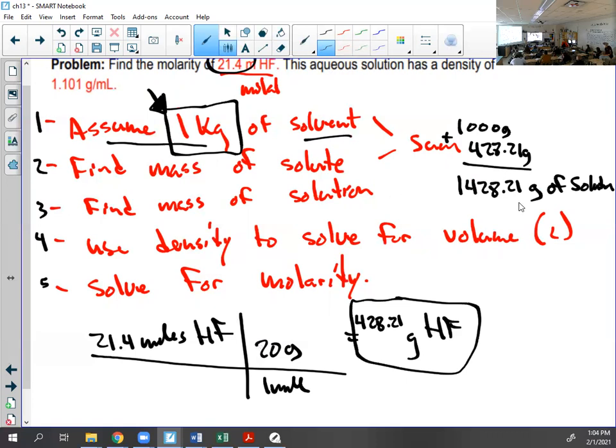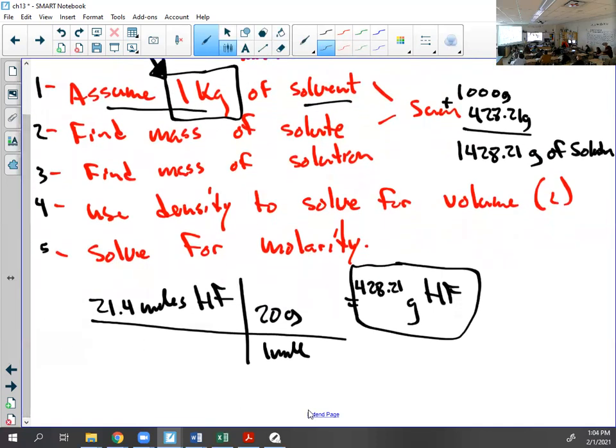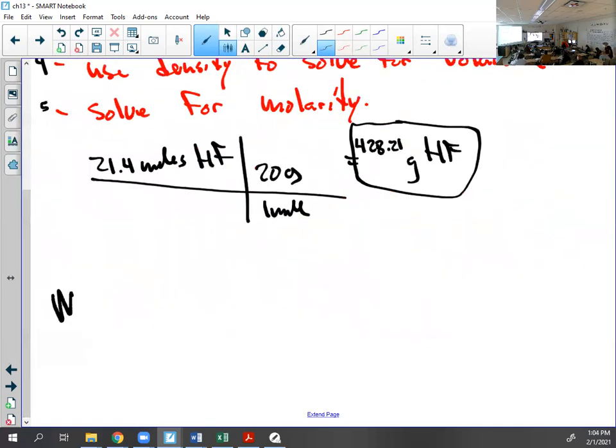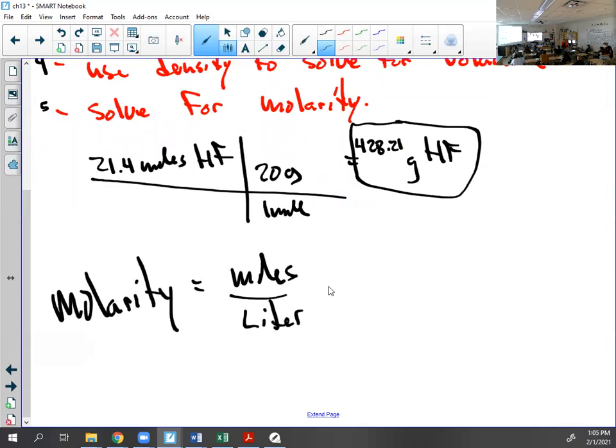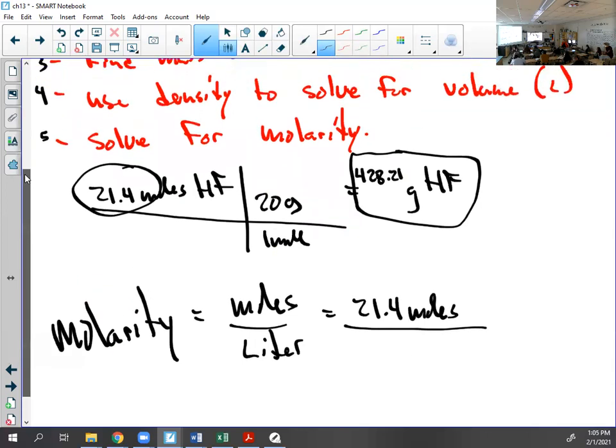All right, now this is the grams of solution, but molarity is moles per liter, right? Now remember, I know the moles are just the number of the molal. So I need liters. And so that's for this 4th step.